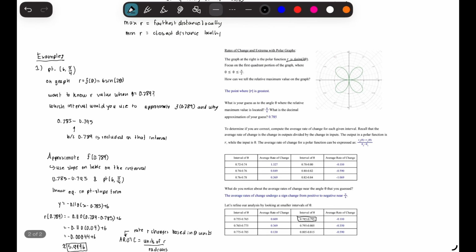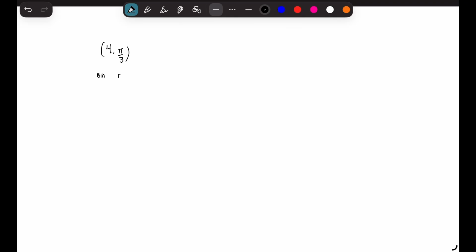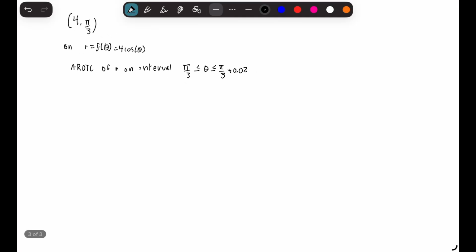Now, let's do some more practice problems. Let's say that we have the point 4 pi over 3 on r equals f of theta, 4 cosine of theta, and the average rate of change of r on the interval pi over 3 less than or equal to theta less than pi over 3 plus 0.02 is -2.